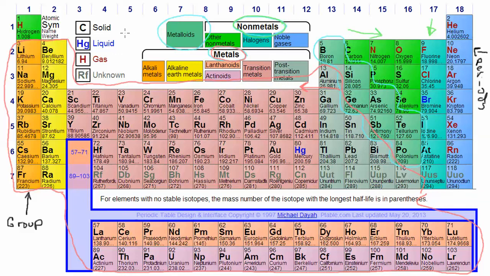So when you look at your periodic table, it's basically divided into 3 regions. You've got the metals on the left, you've got your metalloids in that diagonal stair step, and then to the right of that you've got your nonmetals. The only exception to this pattern is hydrogen right here, which is also a nonmetal.